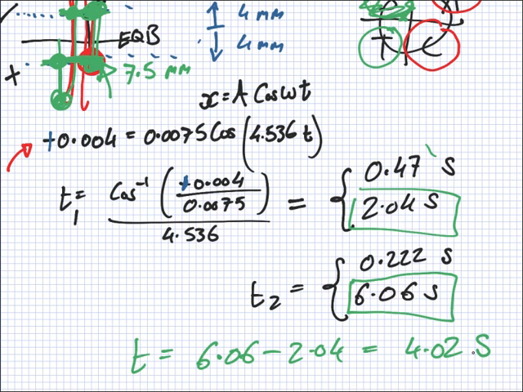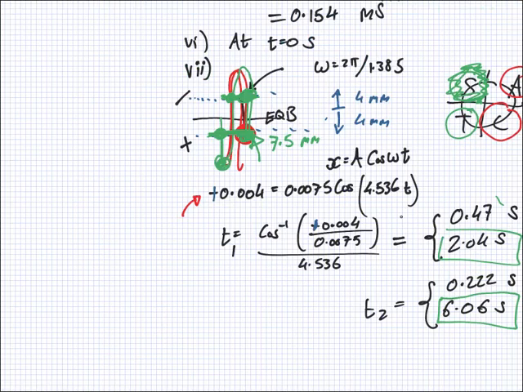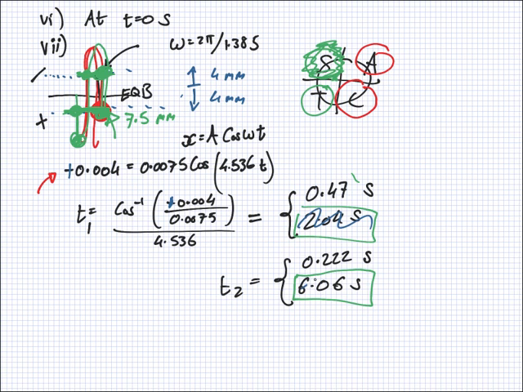Let me think about my maths for a moment. That's not a big problem because I can easily fix that. You know when I was asking you to add the 2 pi and the minus pi, as Matt pointed out rightly, we should have done that before dividing by 4.536.